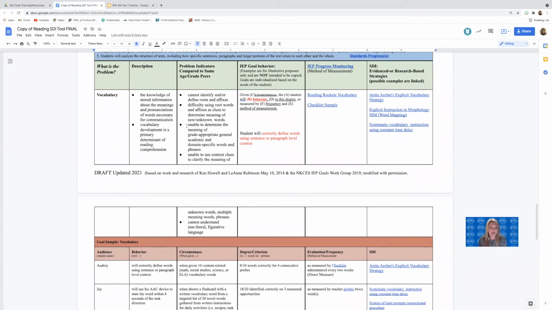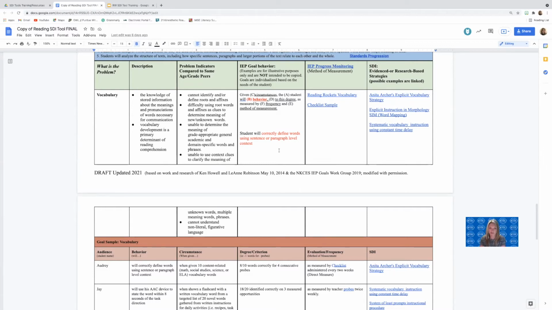Okay, so we've determined it is vocabulary. So let's look at our goal behavior. What we would want them to do is to be able to correctly define words using sentence or paragraph level context.